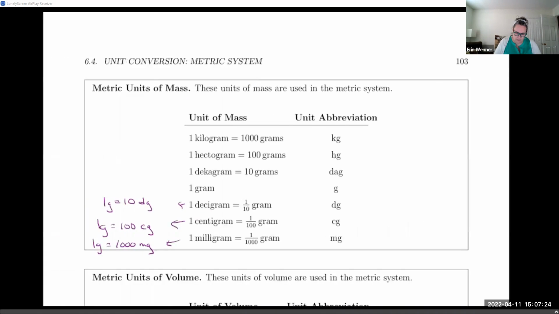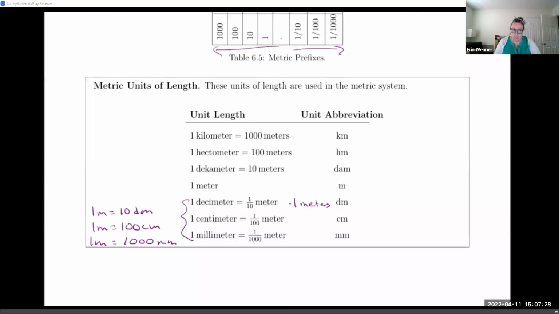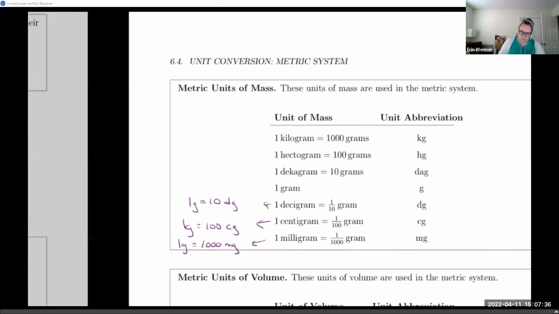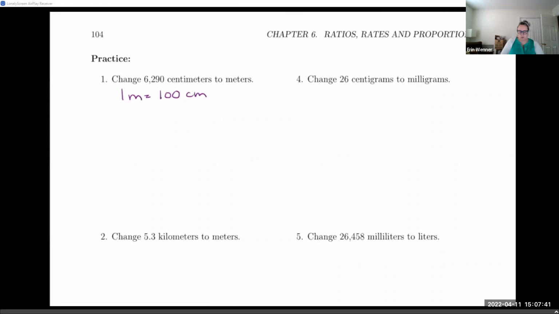Again, if you go back to your table, your units of length are right here, and you can use those. Again, we wrote out these shortened versions too to help you with those. So we've got 1 meter equals 100 centimeters. So go ahead and convert 6,290 centimeters to meters and send me your answer in a direct message.